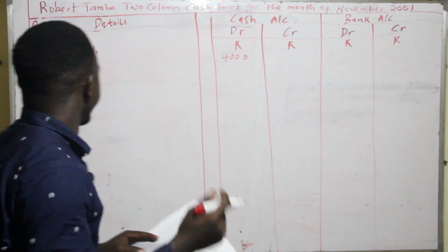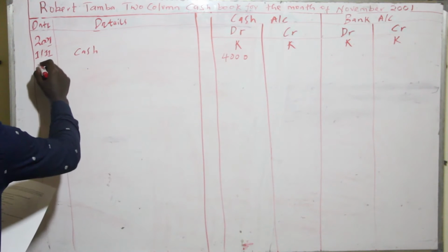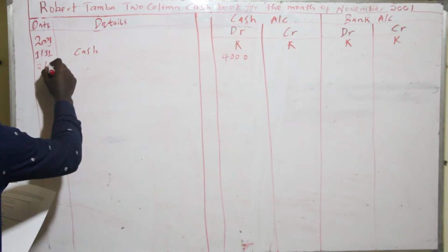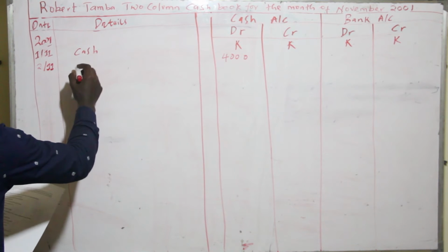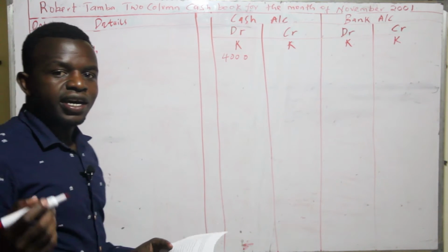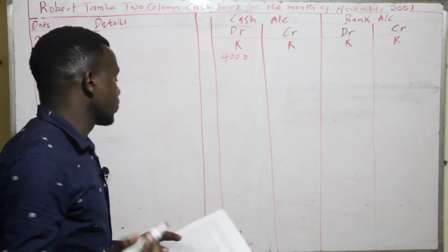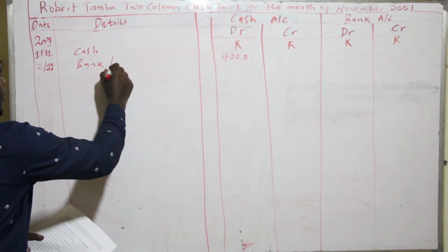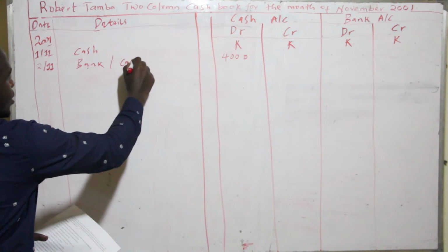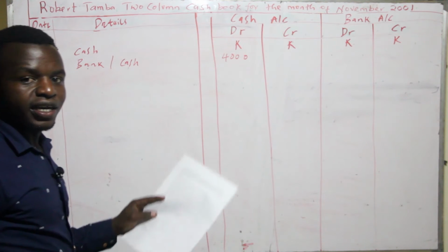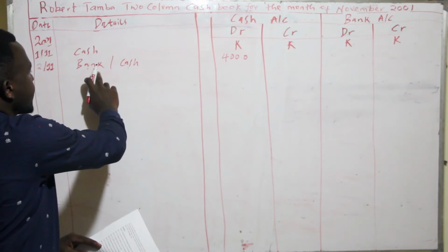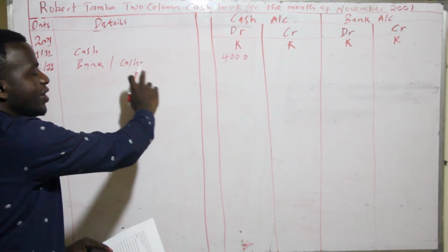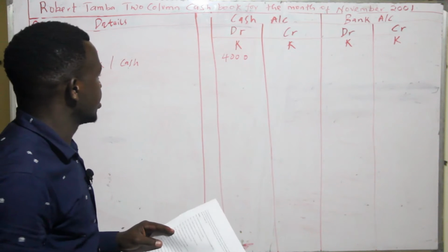So we will say on the 2nd of November, then we are going to start with the account that is being debited. We know that that's bank. So we'll say bank stroke cash. You start with the account that is being debited, then you end with the account that is being credited.